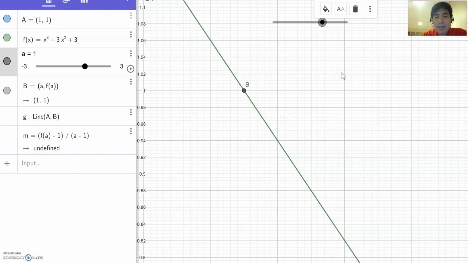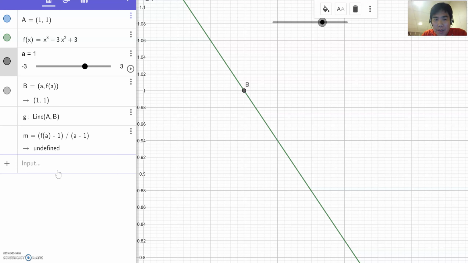When it becomes exactly the same point, do you see the slope becomes undefined? Yeah, that's what I was talking about before. We cannot define the slope with one point. We need a minimum of 2 points to determine the slope here.